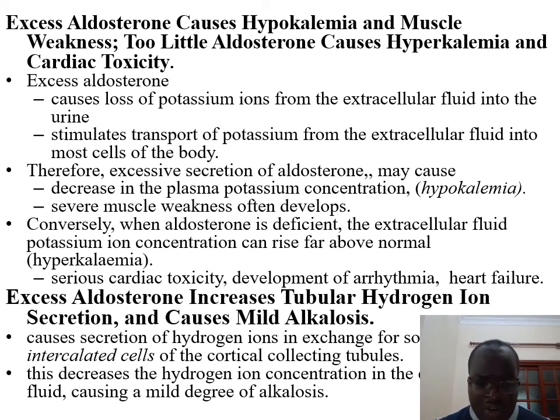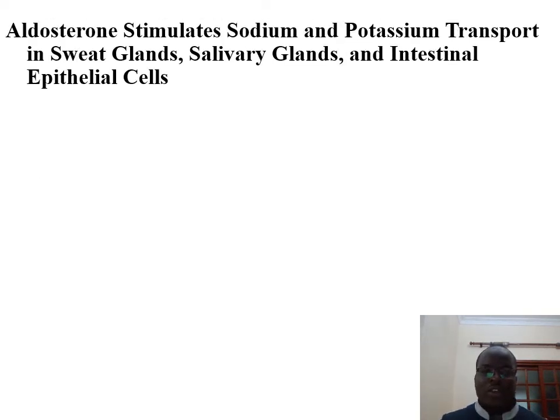Aldosterone causes secretion of hydrogen ions in exchange for sodium in the intercalated cells of the cortical collecting tubules. This decreases the hydrogen ion concentration in the extracellular fluid, causing a mild degree of alkalosis, which I've already explained. Aldosterone stimulates sodium and potassium transport in sweat glands, in salivary glands, and intestinal epithelium cells.